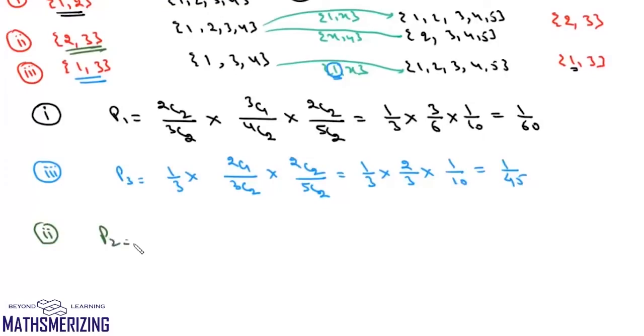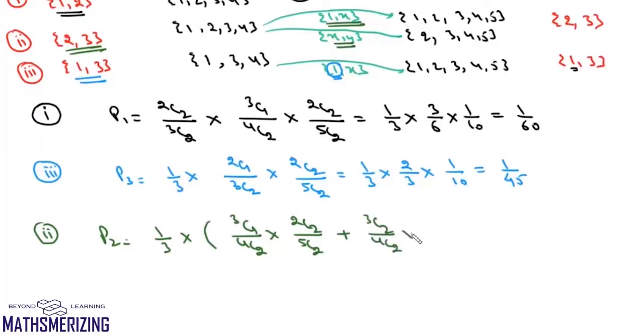Now we'll come to this second case when we have this 2, 3. So this is P2, and it'll be this 1 by 3 into, now we have two cases. Case 1, if 1 is included, there'll be 3C1 upon 4C2 into, now from this we need to select 2, 3, so it'll be 2C2 upon 5C2, plus, if 1 is not included, then it'll be 3C2 upon 4C2 into 2C2 upon 4C2.